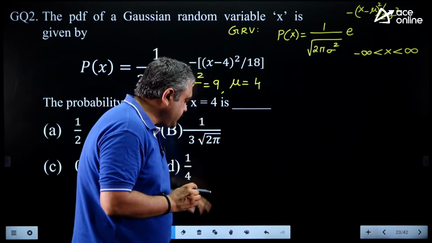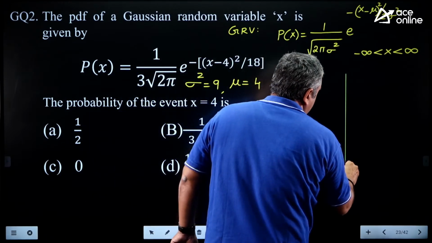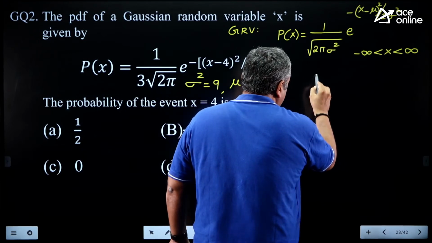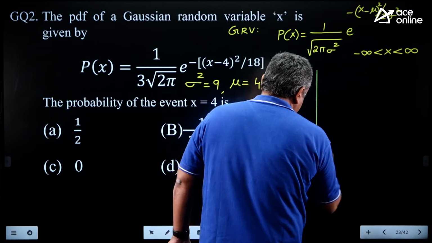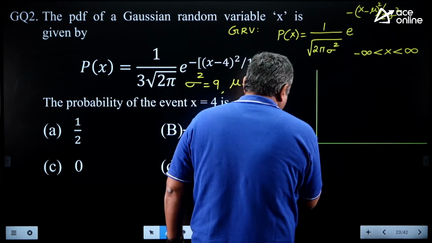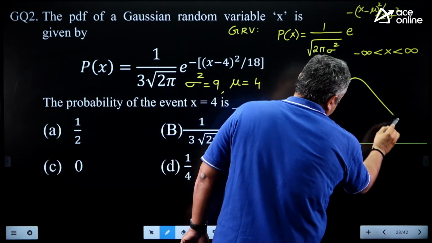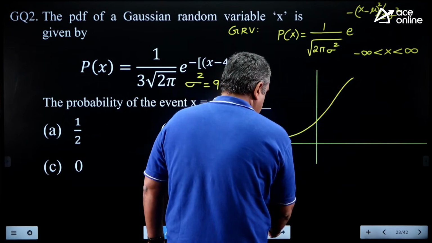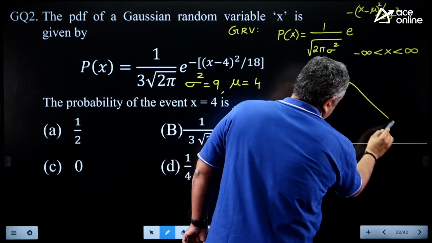Now, if you sketch this density function, just for your understanding purpose, say this is my axis. Now, you have your Gaussian density function with this particular shape, a bell-shaped curve, smooth curve.